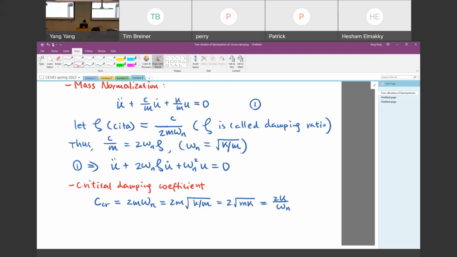This is the critical damping coefficient.